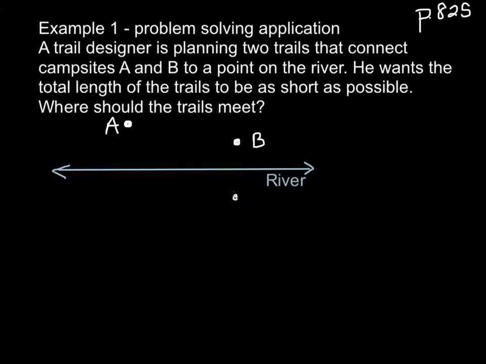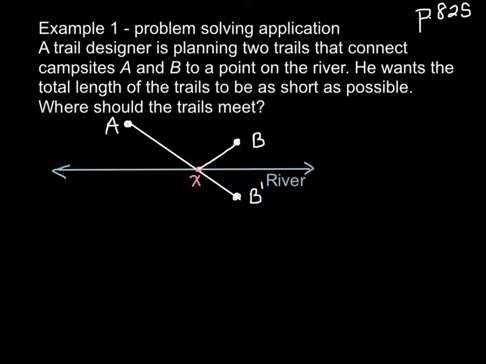So if we cross B, we can call it B prime, and then we can actually connect A to B prime, and right there, that shows us that where it crosses the river, we can call it point X. If we connect X to B, that becomes the shortest route from A to the river to B. We used reflection to show that.